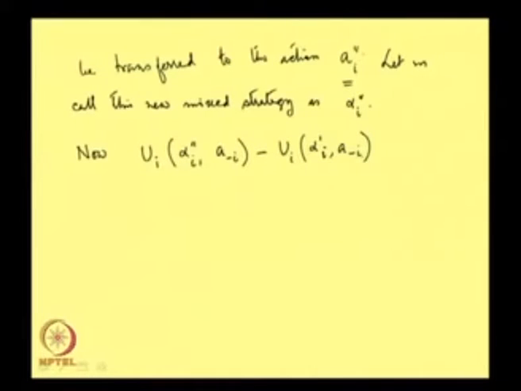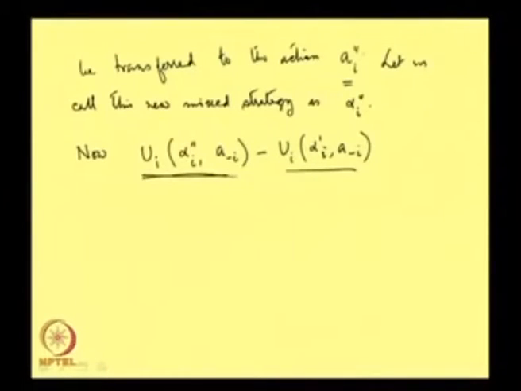The value will be, you see, this is an expected payoff and this is also an expected payoff. So, how do I evaluate the expected payoff? For each action of player I, find out what is the payoff that this player is getting and multiply that with the probability with which this action is attached.